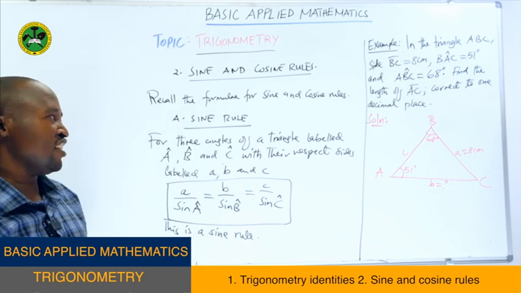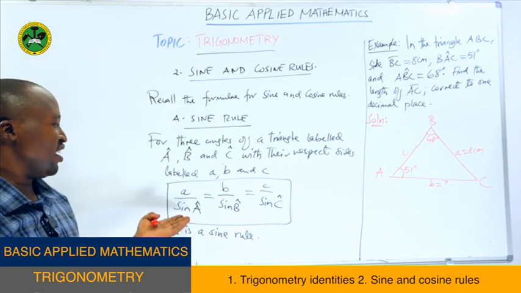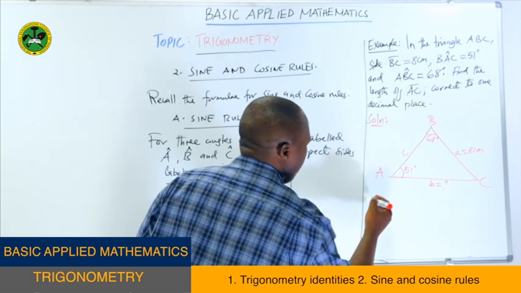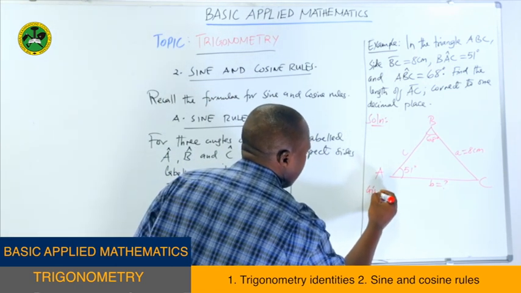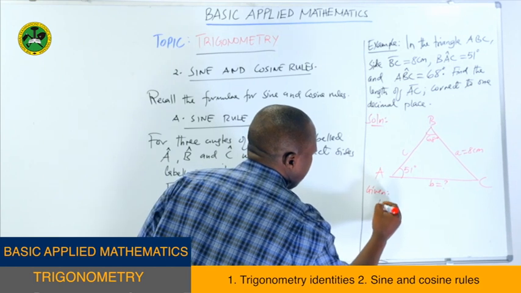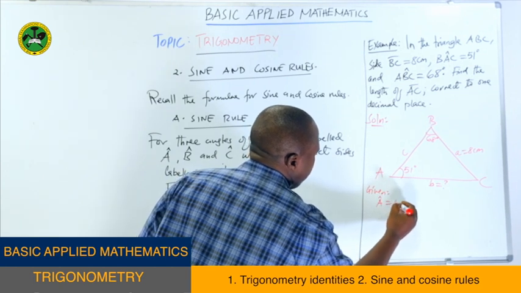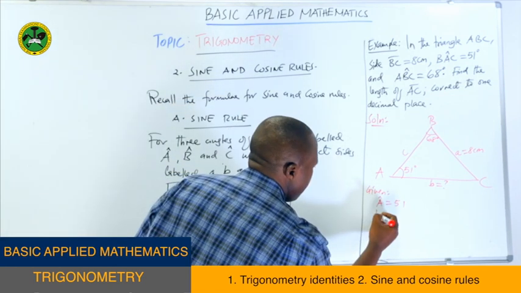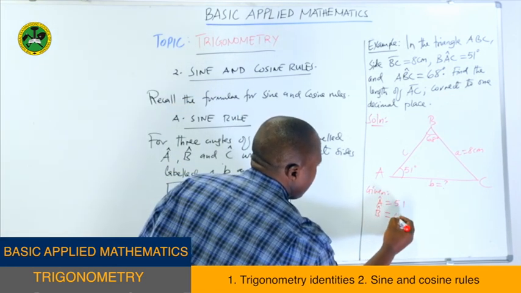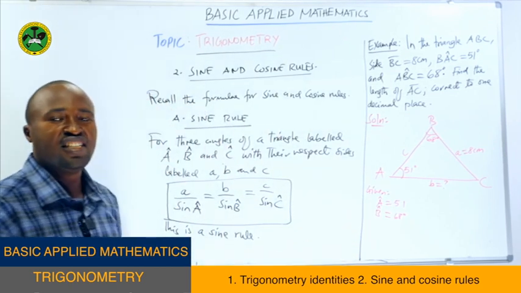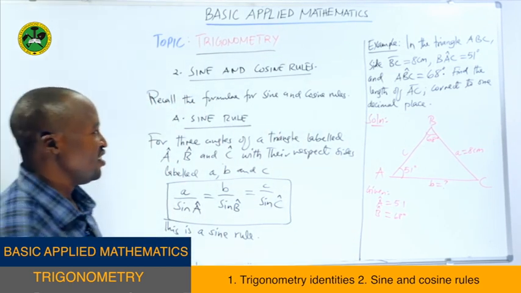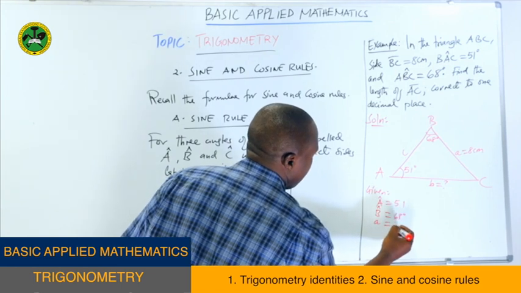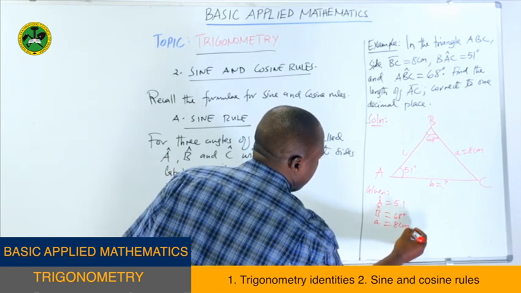Now, for such a question, we can apply the sine rule. Here we have angle A equal to 51, angle B equal to 68 degrees, and of course we have A equal to 8 centimeters.